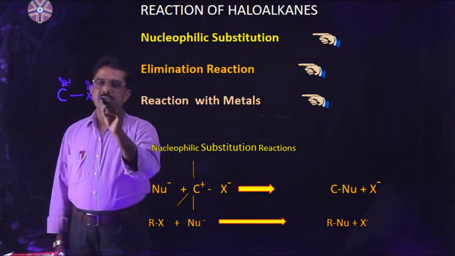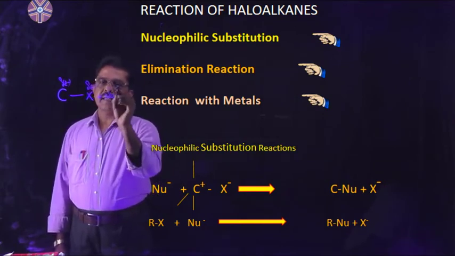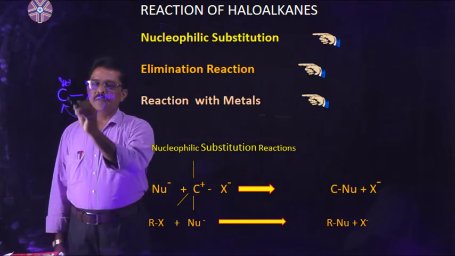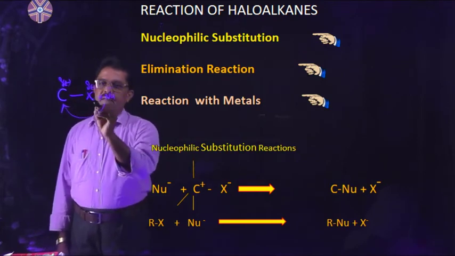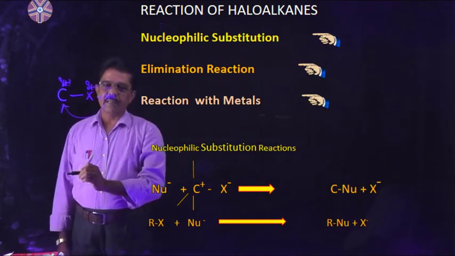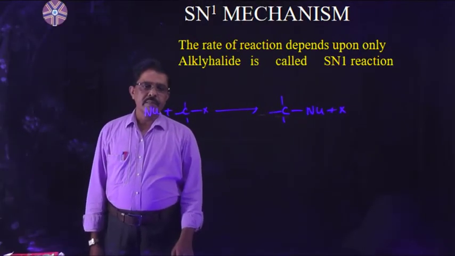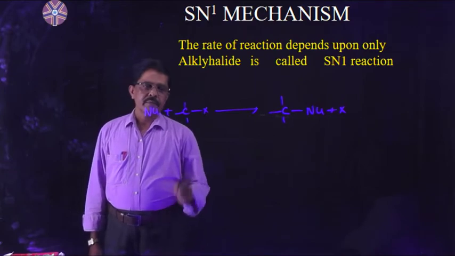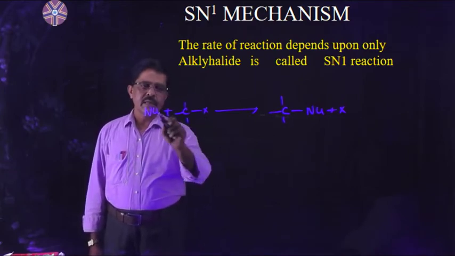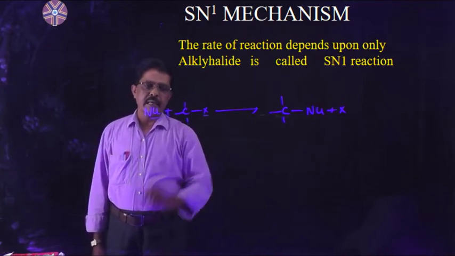The nucleophile Nu attacks at the carbon bearing the leaving group, which has the positive charge. Nucleophilic substitution reaction means the nucleophile substitutes the halogen atom.